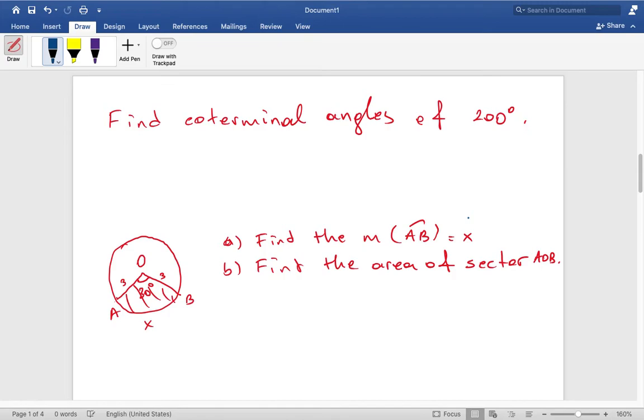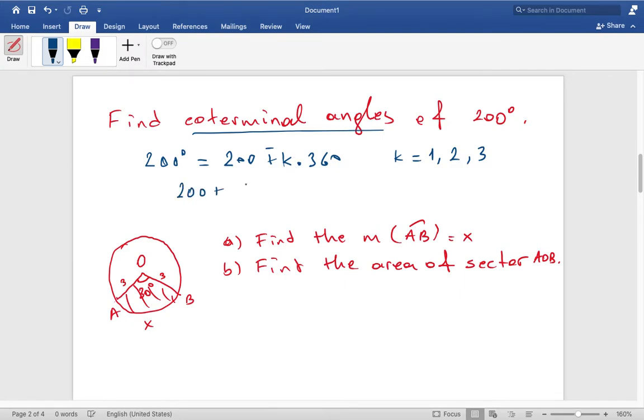Now the question is, find the coterminal angles. So the rule, remember, 200 can be written as 200 plus k times 360, or k times plus or minus 360. So it means that when k is 1, when k is 2, when k is 3, I can say that this will be 200 plus 1 times 360, which is 360, so it will be 560.